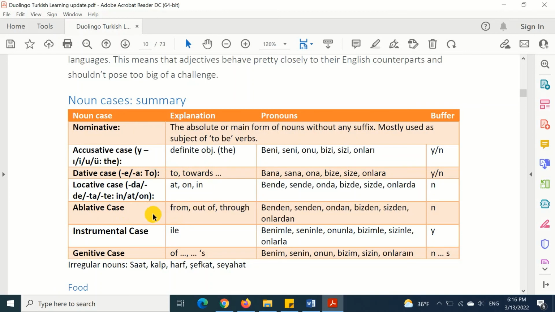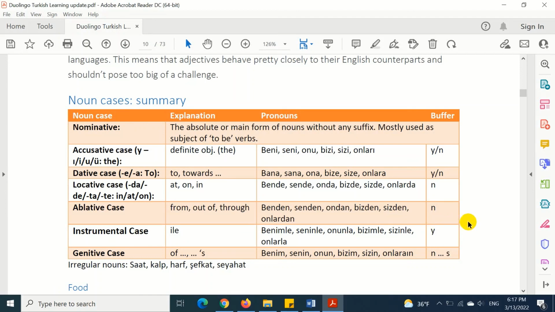With ablative case, you use dan, den, tan, ten, considering the sound harmonies. Instrumental case, ile, which conveys the idea of with something, and genitive case, the possessive case. In possessive case, both possessor and possessed noun should be clear.